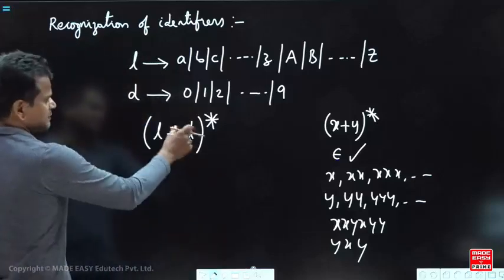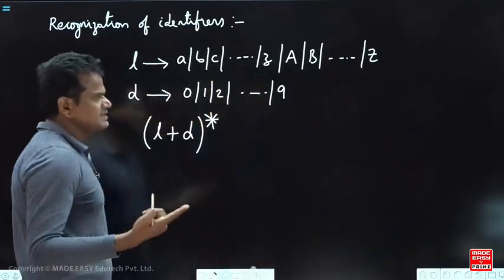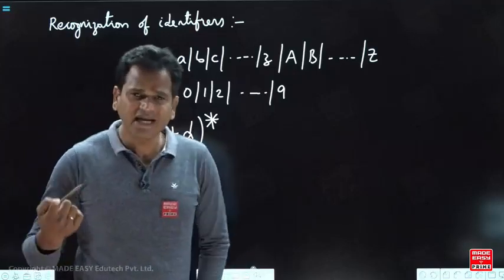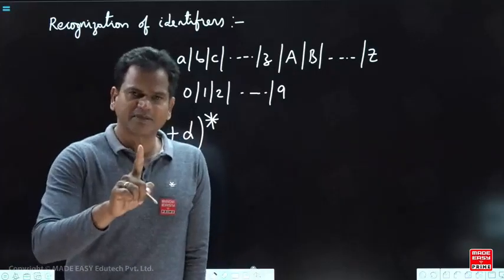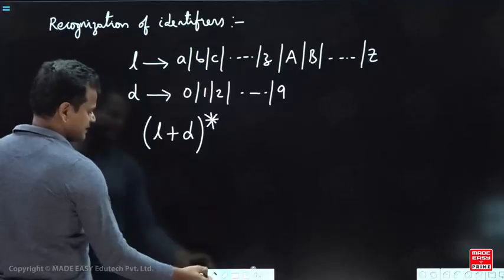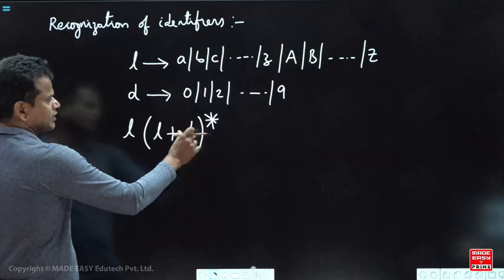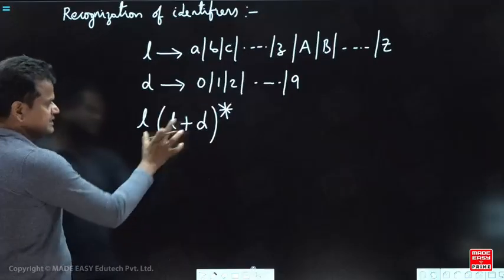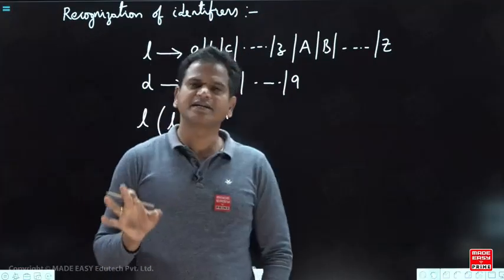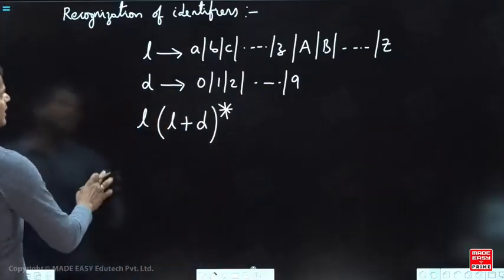So the meaning of (L plus D) star, I think you got it, any combination of L and D. But what is an identifier? The first symbol must be a letter, followed by a letter or digit combination. So this is the regular expression for identifier.